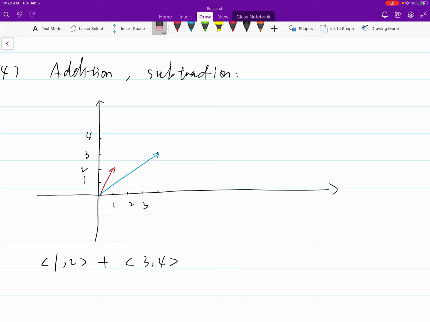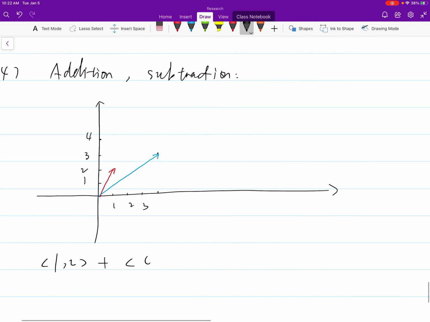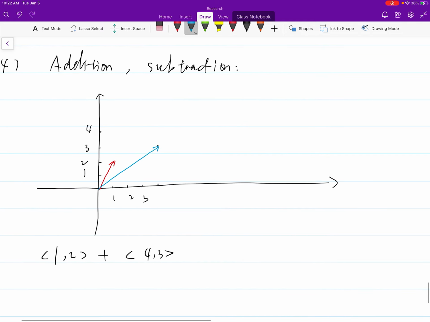Otherwise they're too close to each other in terms of directions. Then what we do is we do head to tail. Doesn't matter which one we do first or second, so we can also start from 4, 3 to add 1, 2. But either way, this is what we have.